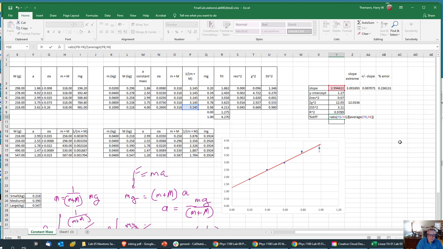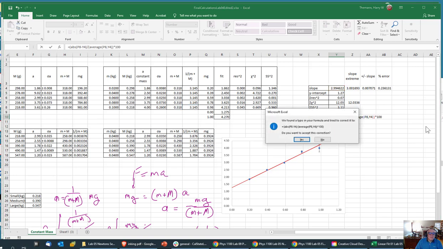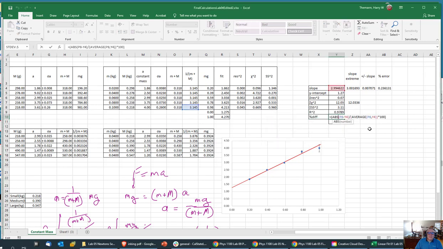I guess I'm going to put parentheses around the whole mass, and then I'm going to multiply times 100. Okay. And I don't like that. Let's see.